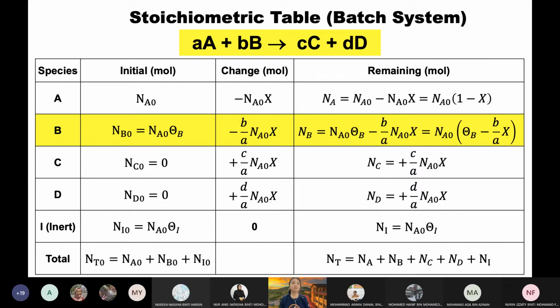Okay. So inert, inert is the opposite. Inert, initial is there, change is not there. So the remaining inert is the same as the initial inert. It's logical because inert won't have any change. So how much enters is exactly how much remains after the reaction. And then subsequently you have to calculate the total remaining.